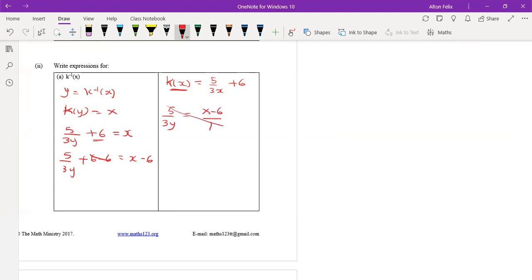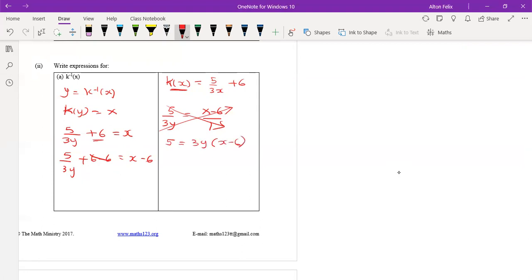So now we could use the technique of cross multiplication. 5 by 1 will give me 5, and you have 3y by x minus 6.